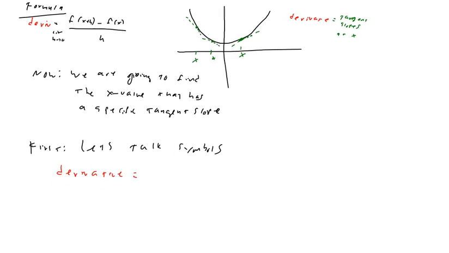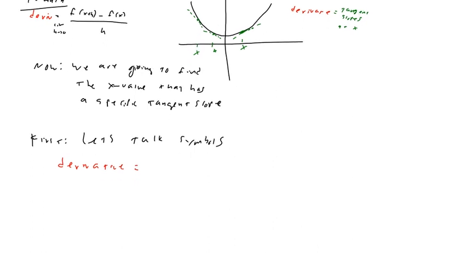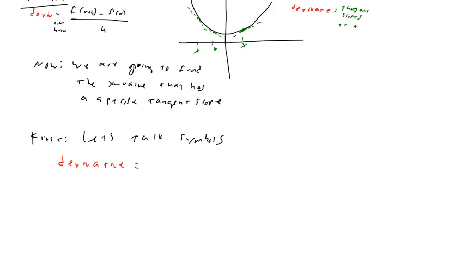It would be nice if there was a way we could indicate that we have a derivative of a function. Some of you may have seen this: when we say derivative, what we're looking for is f, and you put a little hash mark there, of x. This is prime.